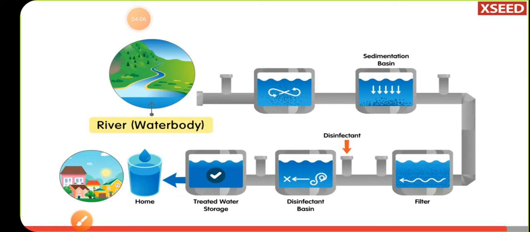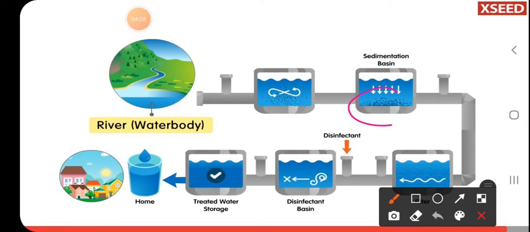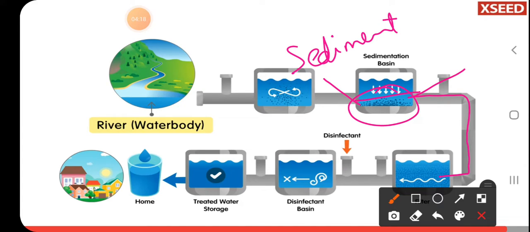Once the sediment is formed, the fresh water is separated into another tank. Here we are following the decantation process. So after sedimentation, the fresh water is separated into another chamber by a process called decantation.